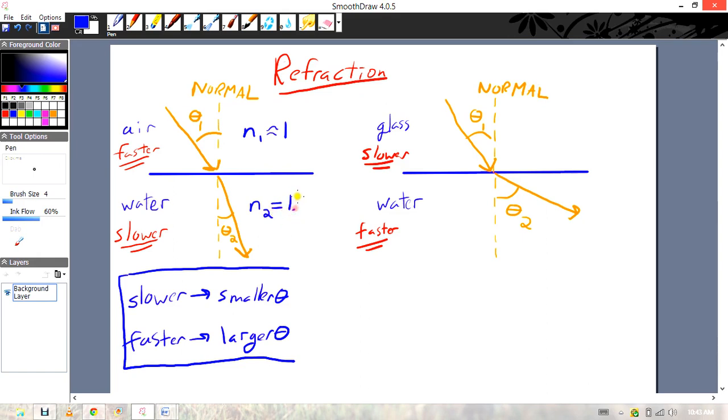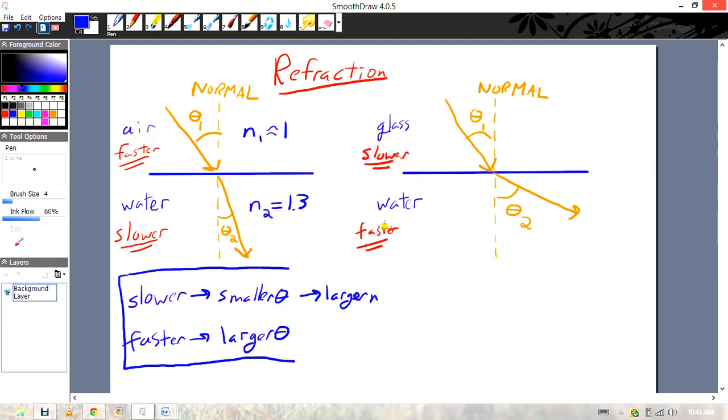And water is a little bigger because the velocity is a little slower. So notice how slower means a smaller angle, which means a larger index of refraction.